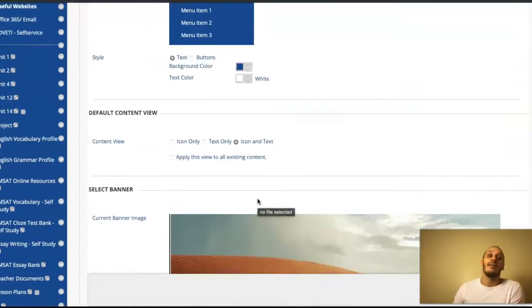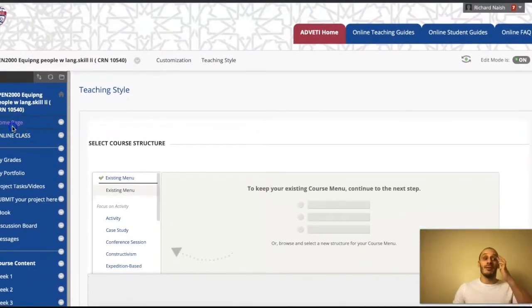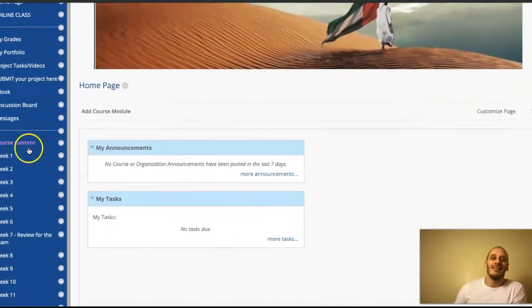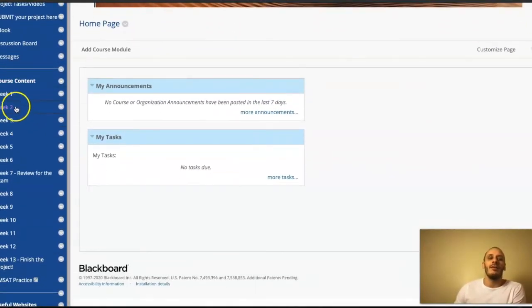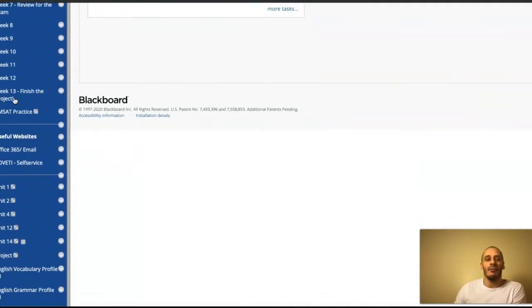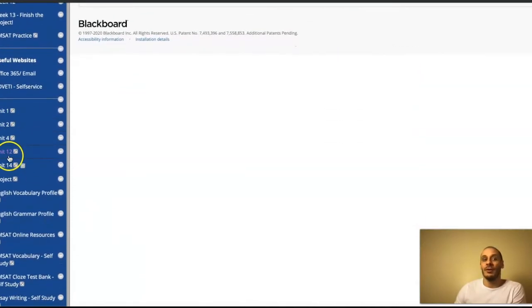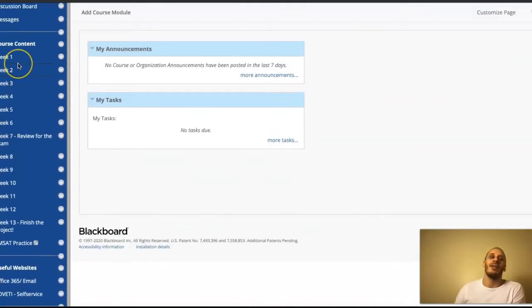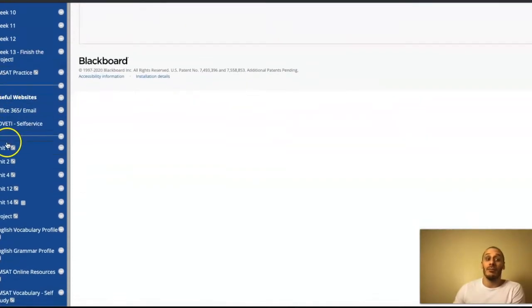So that's my first tip, my first course organization feature. The second one, you will notice most of you have Unit 1, Unit 2, Unit 3, Unit 4 down the side. I have changed mine to a weekly structure. When we were physically in the classroom, I think the unit system was fine.